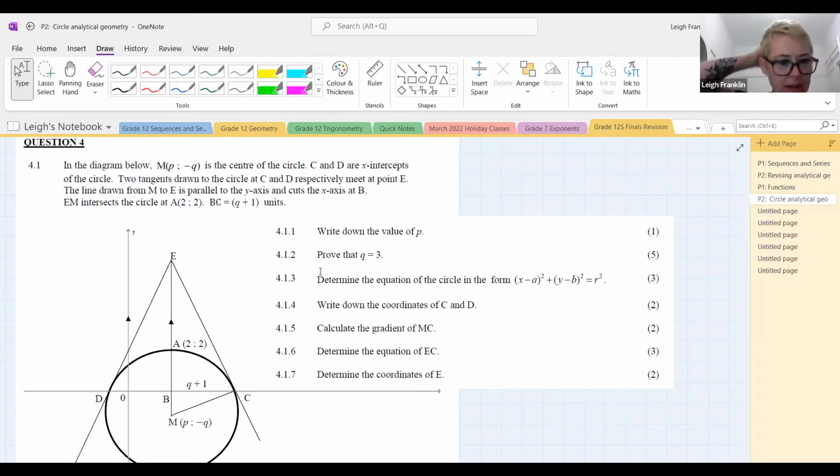So if E and A and B and M are all in the same vertical line, which they have to be because that line is parallel to the y-axis, what does it mean about the x-coordinate at E and A and B and M? What does it have to be?